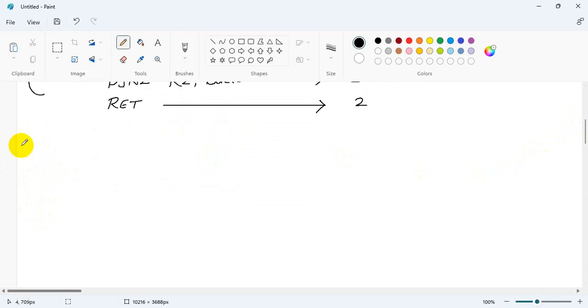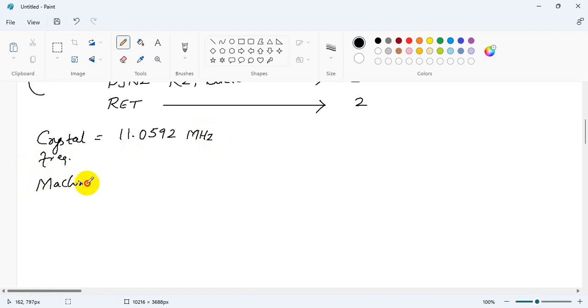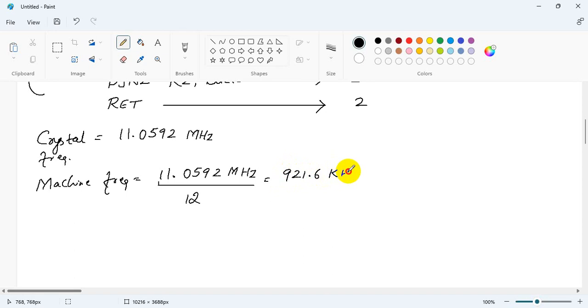So the given crystal frequency is 11.0592 megahertz. So therefore the machine frequency will be 11.0592 megahertz divided by 12. So it comes out around 921.6 kilohertz.